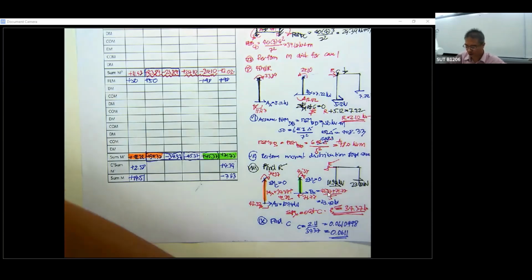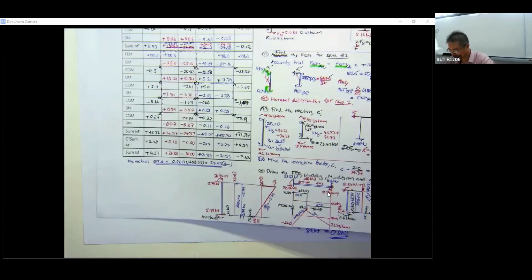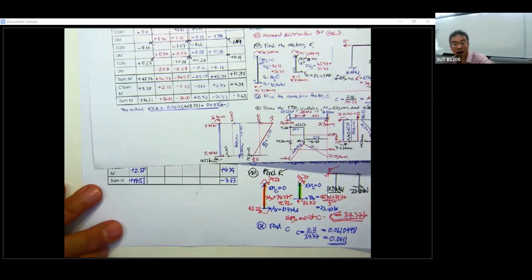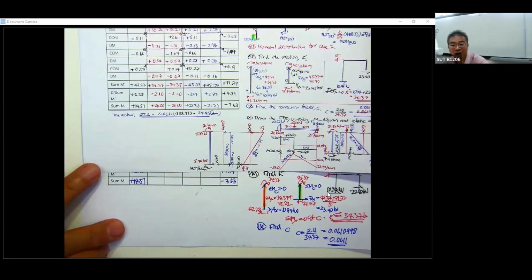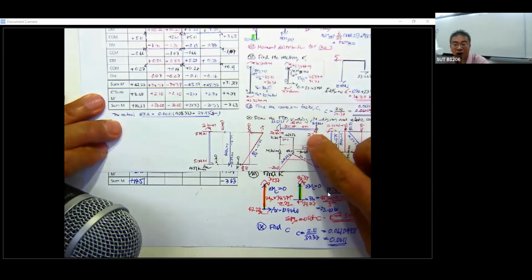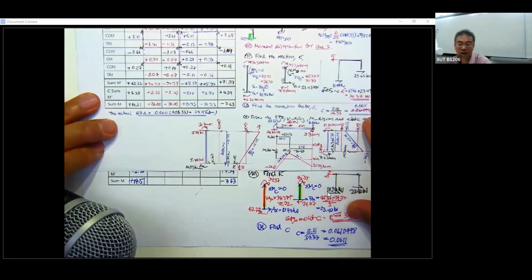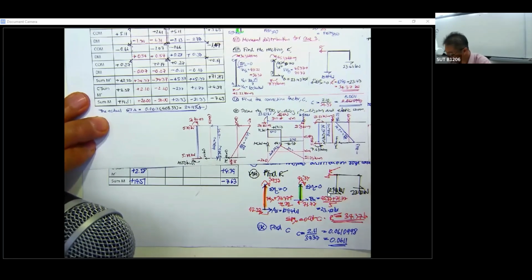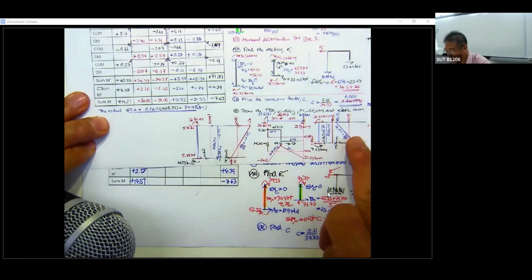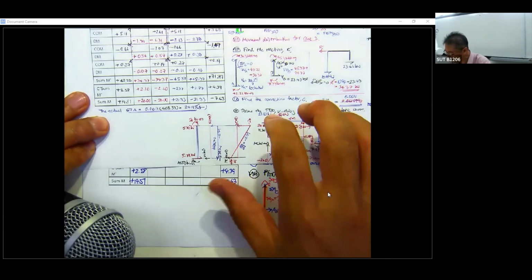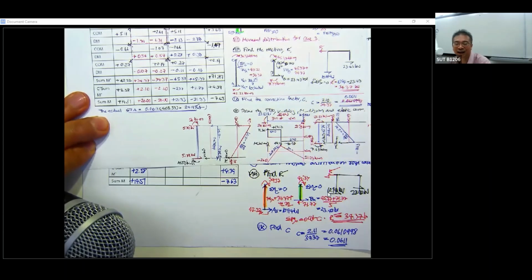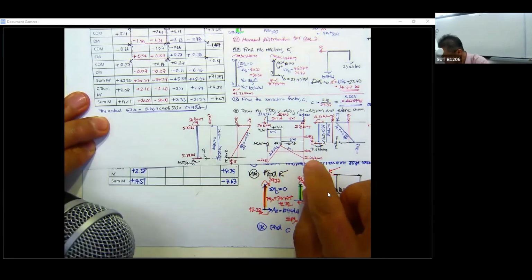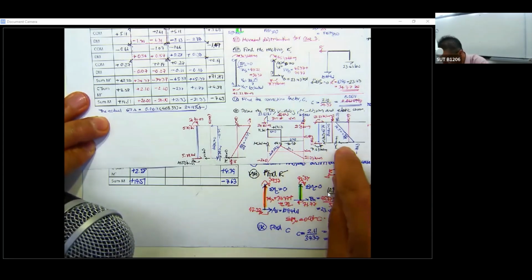And I would like to show you guys over here. You got the result as shown here. Okay, and also you can draw the shear diagram and the moment diagram as shown here, and please combine them together, okay, to get the shear diagram and moment diagram and draw the elastic curve.